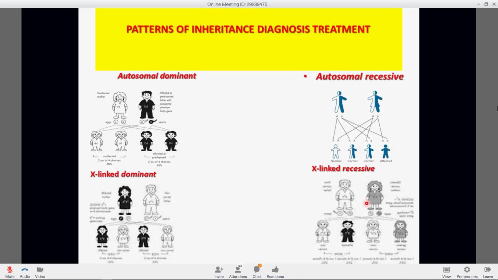When she marries, she will transmit the disease to one of her children, who will become a bleeder, and one of her daughters will be a carrier, and the others are normal. So 50% of her sons are affected, and 50% of her daughters are carriers.